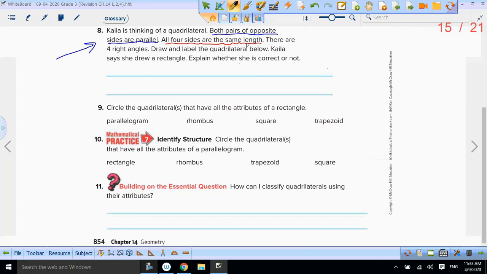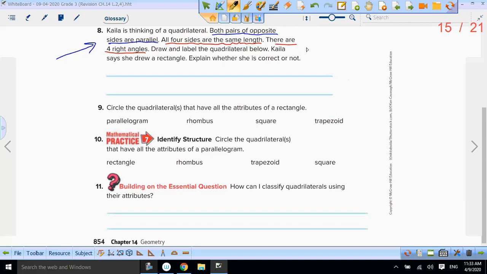We know that the parallelogram has 2 pairs of parallel sides, has 2 pairs of equal sides, but this has 4 equal sides. Yes, so it is now rhombus. After this sentence, 4 right angles, it is square.